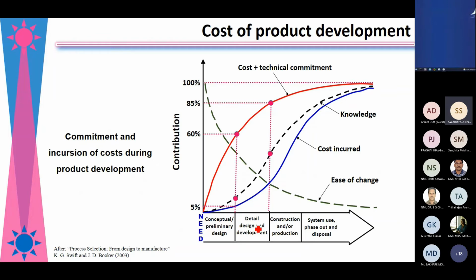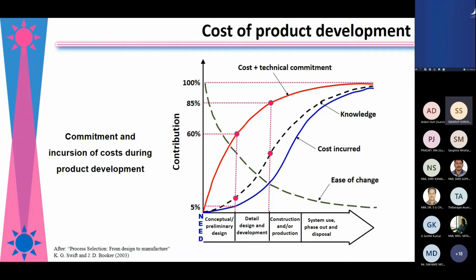But with time, when you make a detailed design and develop further, the technical knowledge increases and the cost also increases. Once you have reached system use, the knowledge and cost and the total come to here.